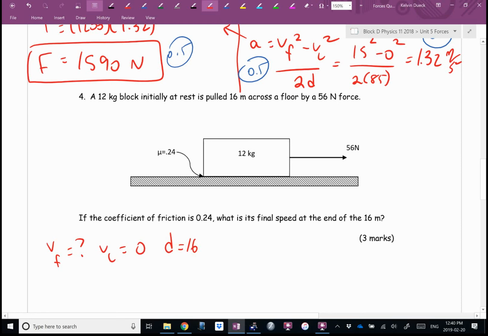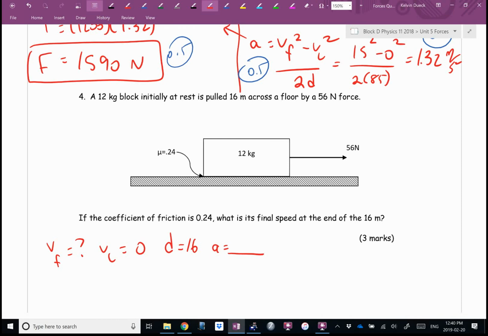What else do I need if I want to find V final? I can either go acceleration or time, but since I see forces, my mind would think, I'll bet you, even though this question wants me to find Vf, I'm going to spend most of my time finding acceleration. You okay with that? And you know how I'm going to do that?